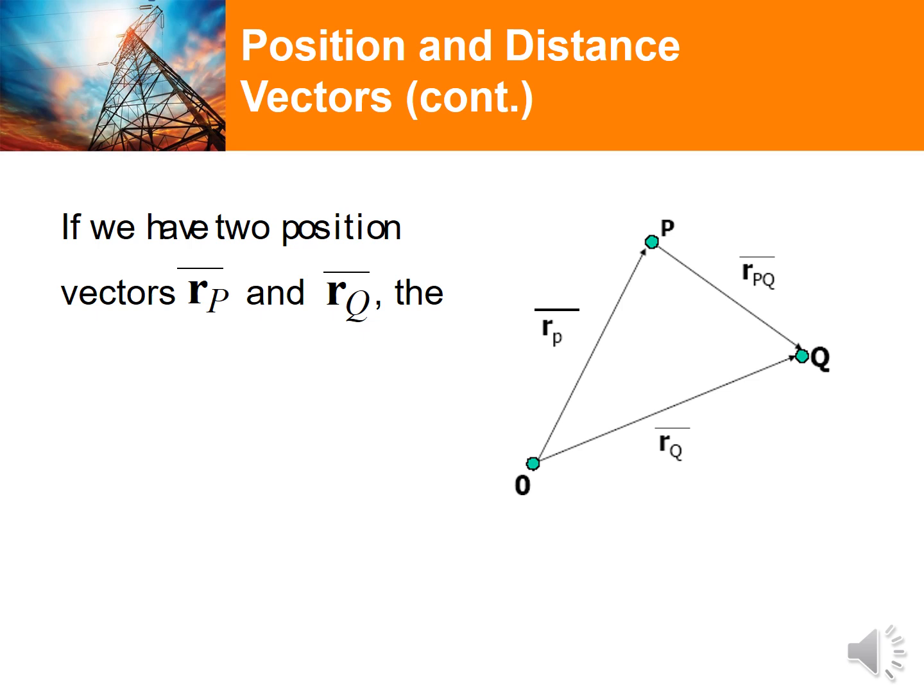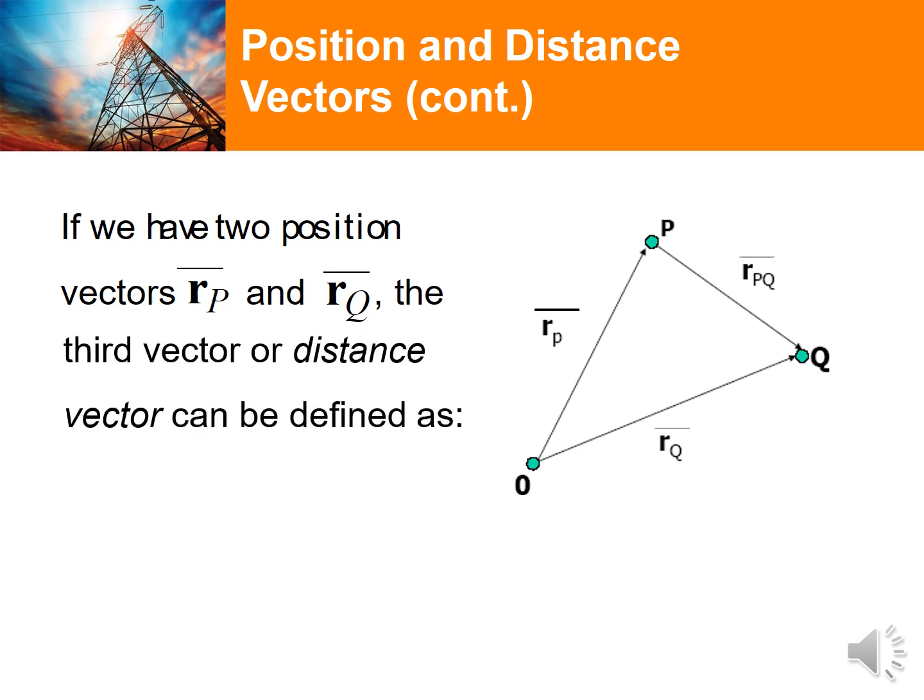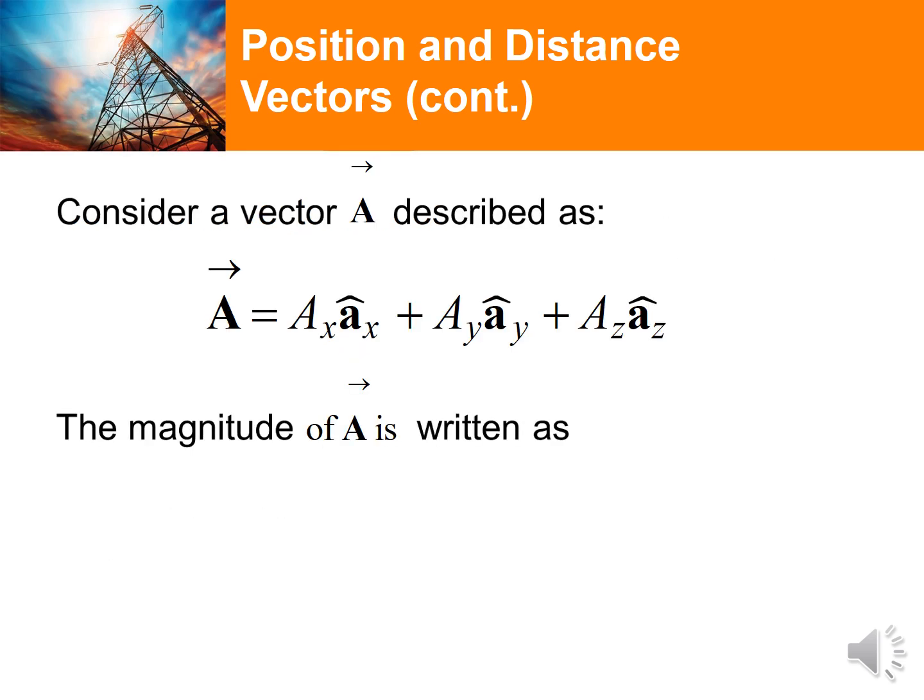Let's suppose we have two position vectors, Rp, the radius vector from the origin to point P, and Rq, the radius vector from the origin to Q. The third vector from point P to point Q would be defined as shown.